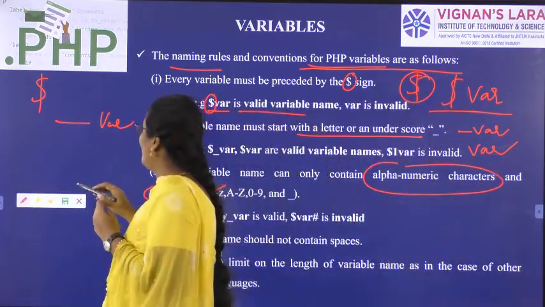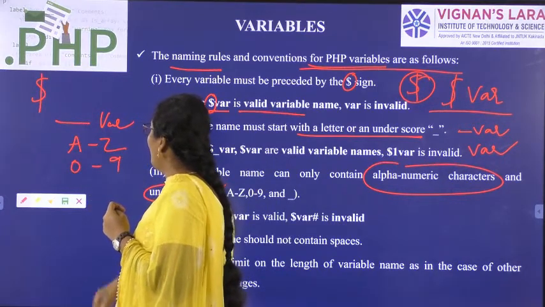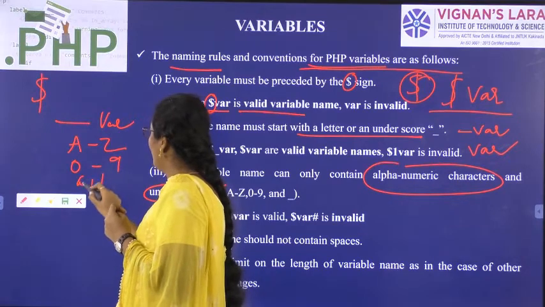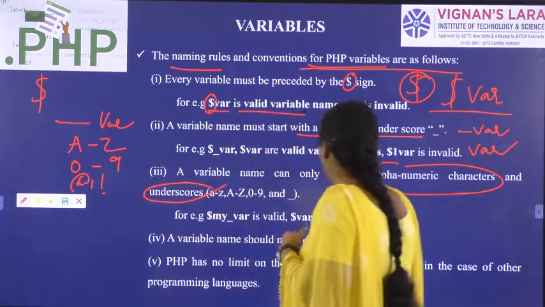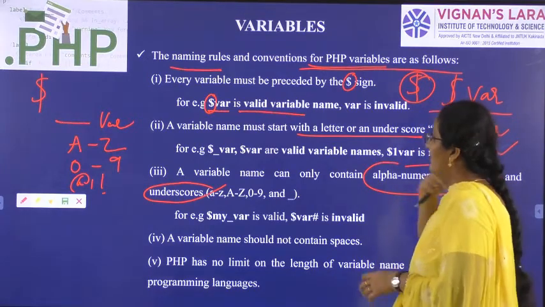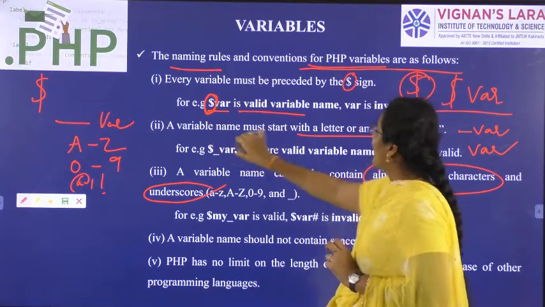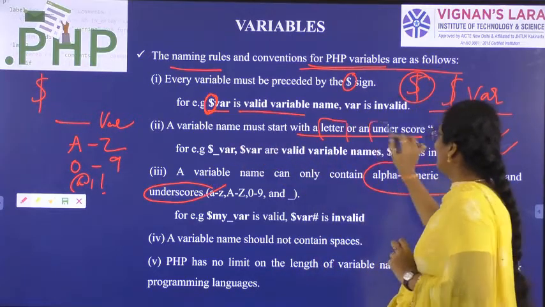What do you mean by alphanumeric characters? A to Z alphabets, 0 to 9 and special characters. So you can have A to Z alphabets and 0 to 9 digits also. So first point, every variable should start with a dollar symbol. A variable name can start with a letter or underscore.